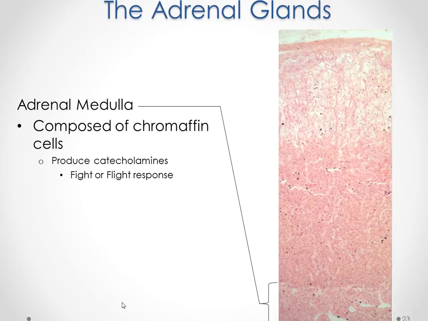Both are going to be produced in response to your fight or flight response. So these two hormones can act on your blood vessels as vasoconstrictors and help promote gluconeogenesis and break down that glucose if you're really scared and need that boost of energy really quickly.